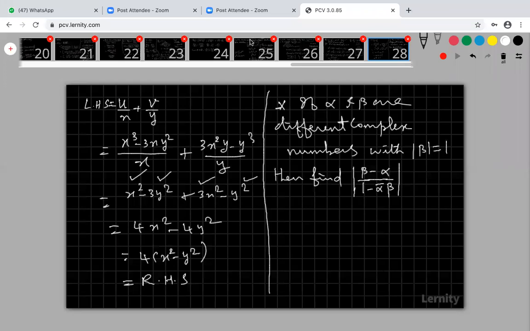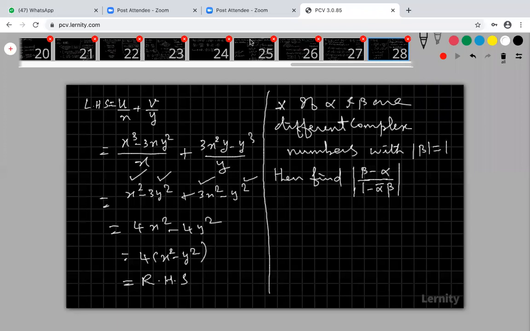Yalini, which question you are asking? Example 16. What is the question now? Example 16. Example 1 or 16?